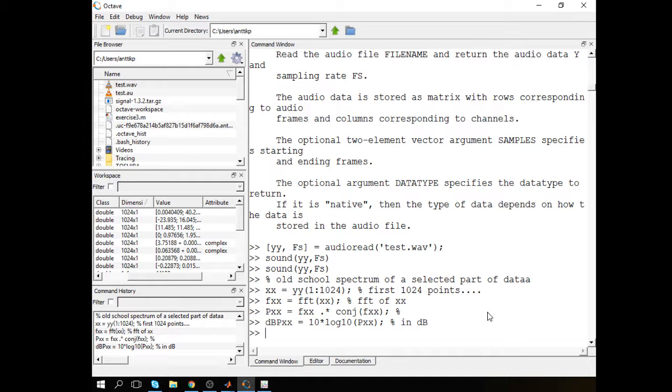Now the corresponding frequencies. Okay, what did I say about the frequency scale? So now basically we have divided that 1024 data points into exactly 1024 data points in the frequency axis, where the 1024th point would be actually the sample rate.